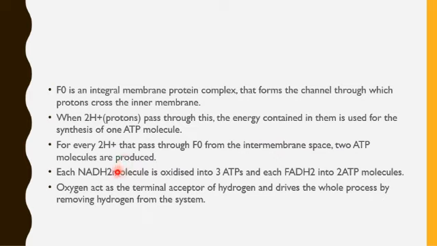So each NADH2 molecule is oxidized to 3 ATPs and each FADH2 to 2 ATP molecules. Oxygen acts as a terminal acceptor of hydrogen to form water and drives the whole process by removing the hydrogen from the system. So this is how oxygen is used, water is formed, and energy is synthesized during aerobic respiration.